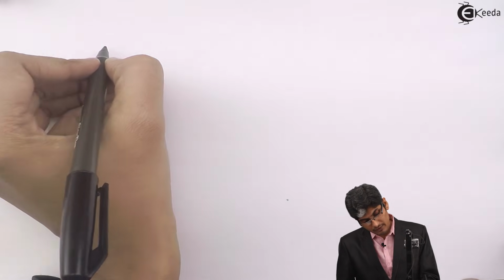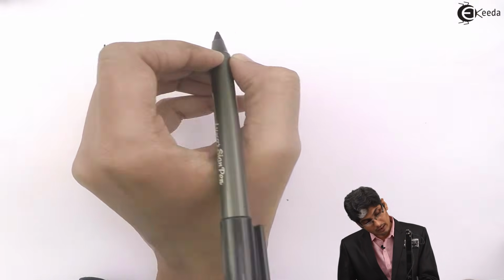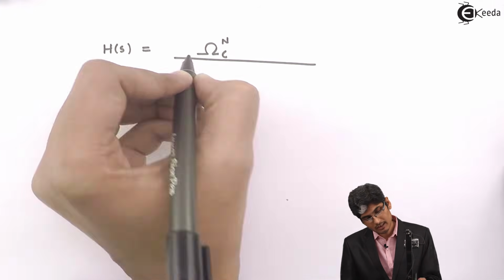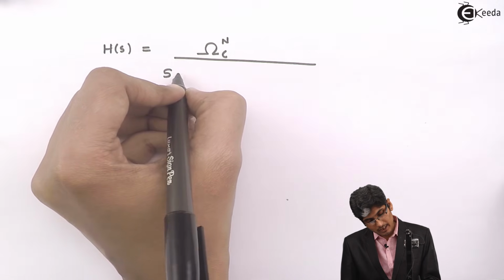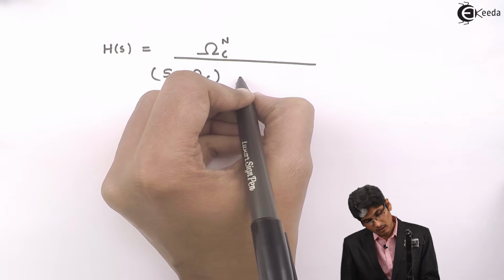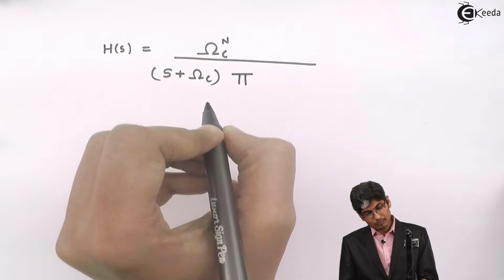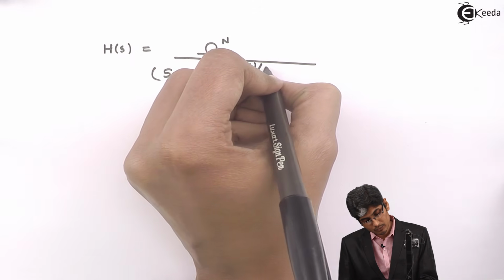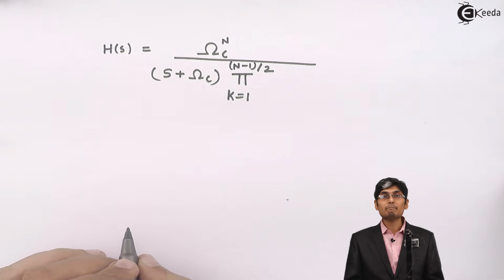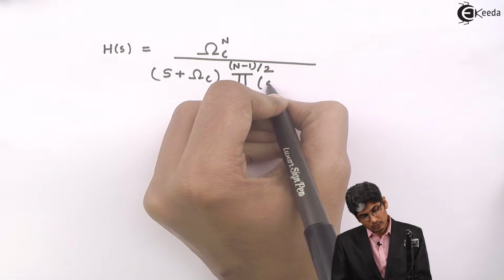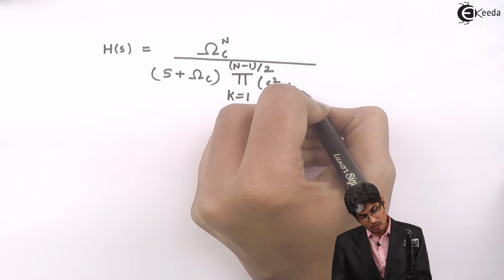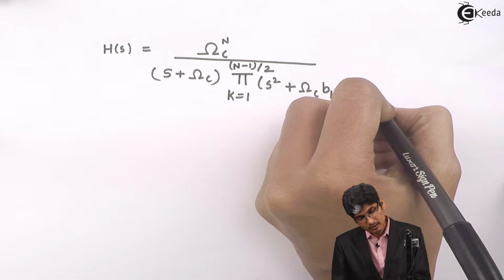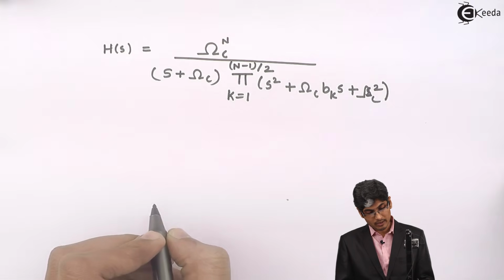Now, I wanted to emphasize this factor because we have received an odd value of order. So the H of s, for an odd ordered filter, has the numerator the same, that is omega c raised to n. In the denominator, you have s plus omega c into the continued product for k equals 1 to n minus 1 by 2 of s square plus omega c bk s plus omega c square.